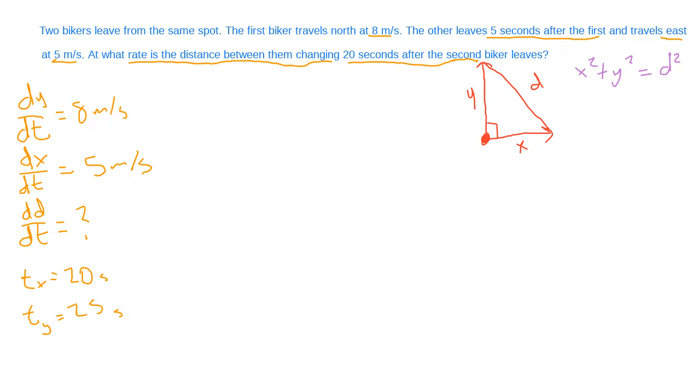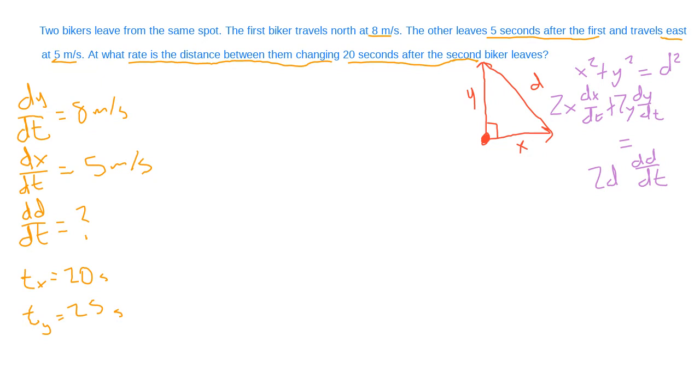We can say that 2x dx over dt plus 2y dy over dt equals 2d dd over dt. But we have a problem. We don't know x, y, and d yet.